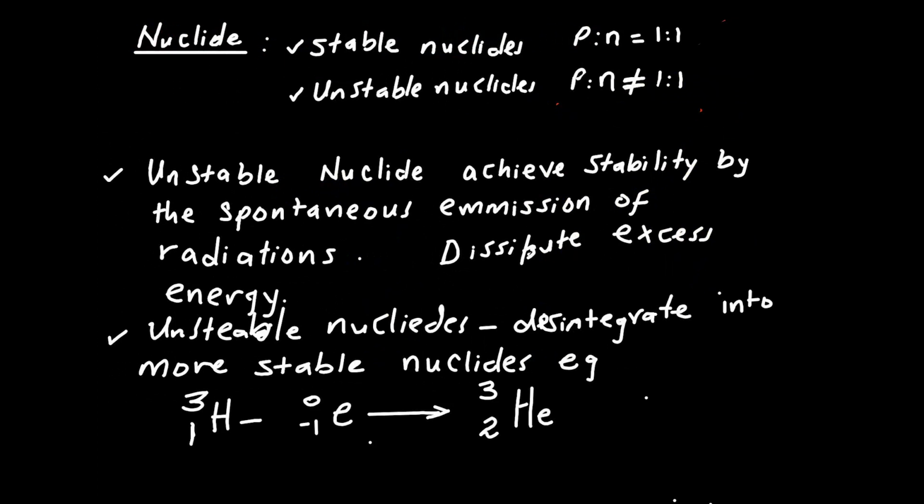Nuclides whose number of protons and neutrons have a ratio of 1:1 are said to be stable. Those whose ratio of P to N is not equal to 1, in other words, either protons are more than the neutrons or the neutrons are more than the protons, are said to be unstable.